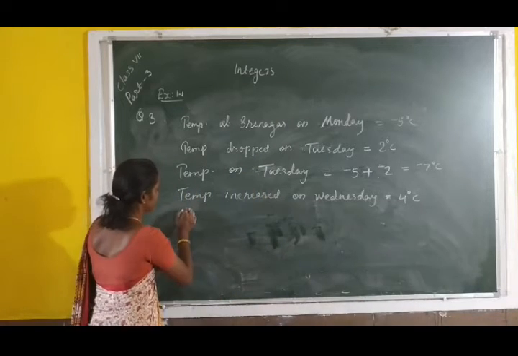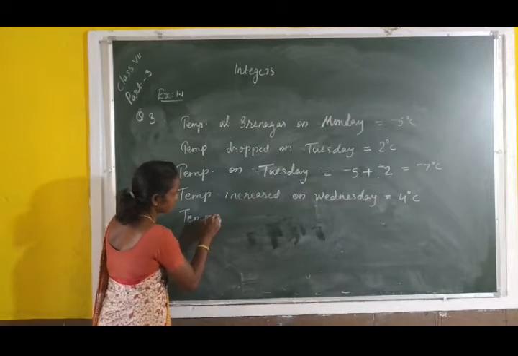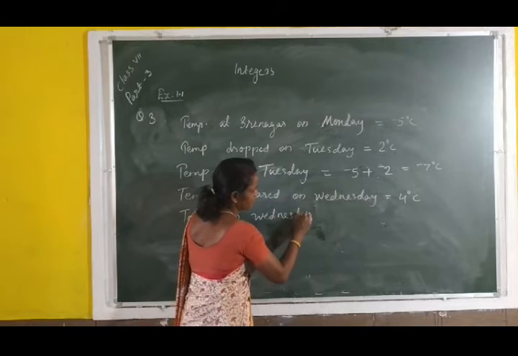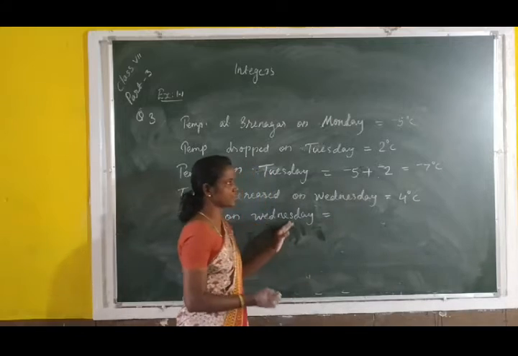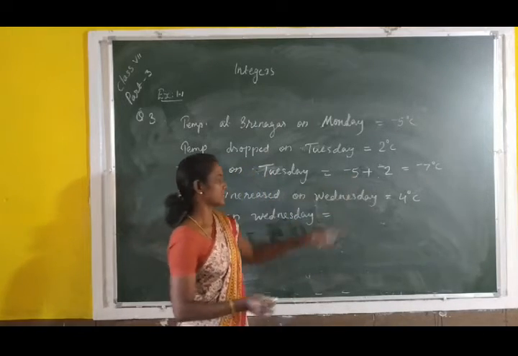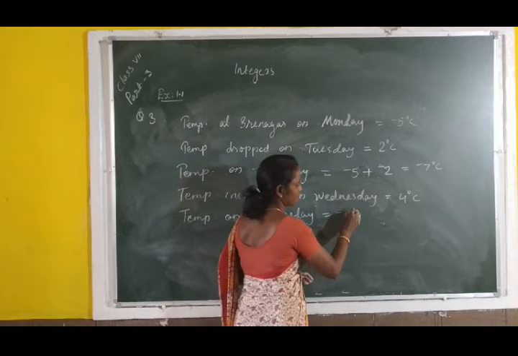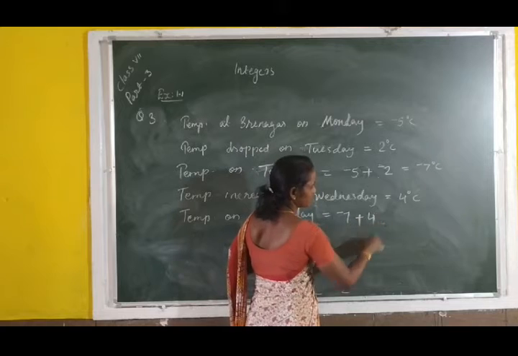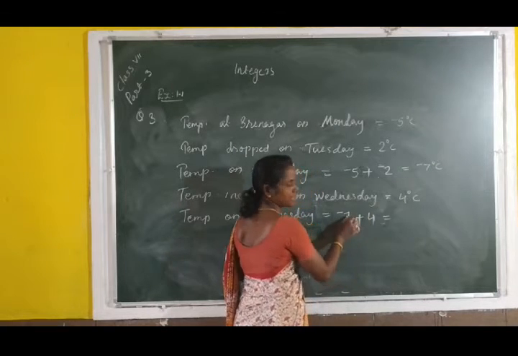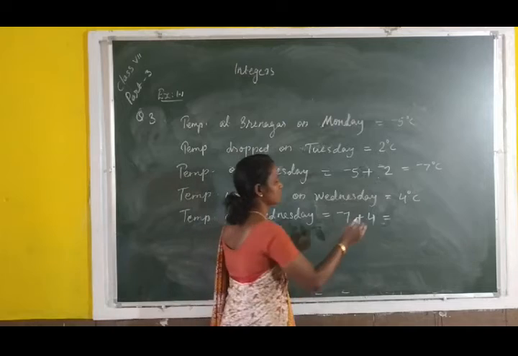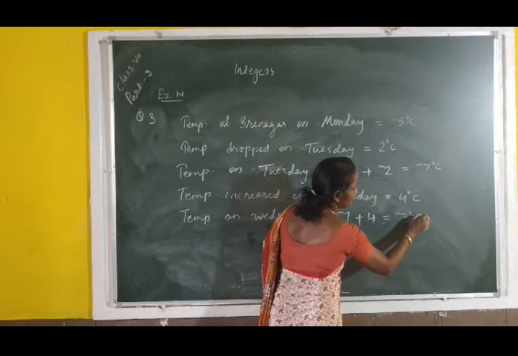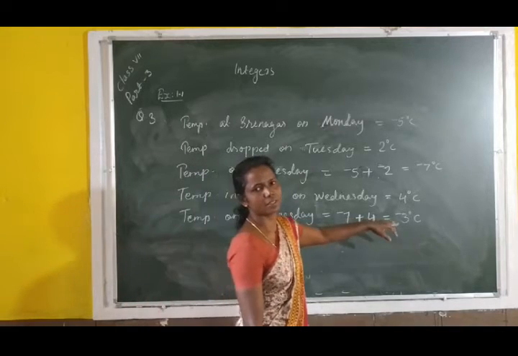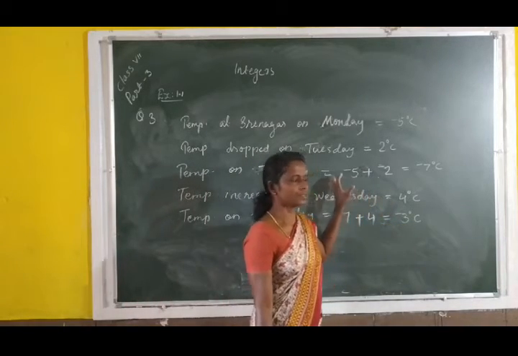Then the temperature on Wednesday means temperature on Tuesday, negative 7 degrees, and with this 4 degrees, means positive 4. So negative 7 plus 4, which number? Negative 3 degrees Celsius. So temperature on Wednesday, how many degrees Celsius? Negative 3 degrees Celsius. Then is it clear?